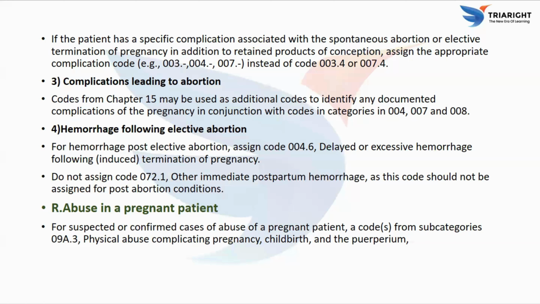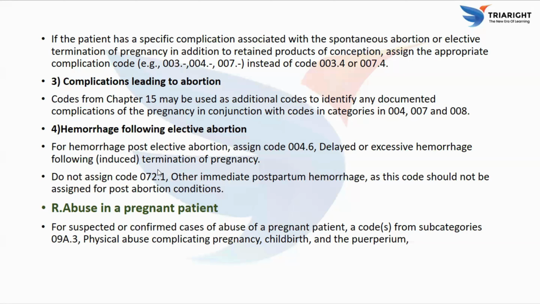So next guideline is about hemorrhage following elective abortion. So if a woman has heavy bleeding after an induced abortion, for example, after taking pills or after a surgical termination, so what is the correct code to assign? O04.6. So this describes the delayed or excessive hemorrhage following induced abortion.